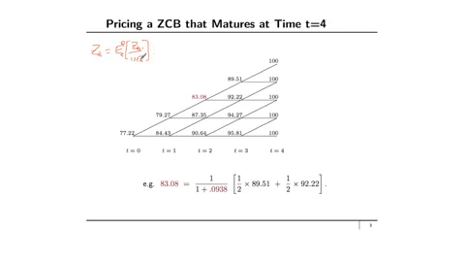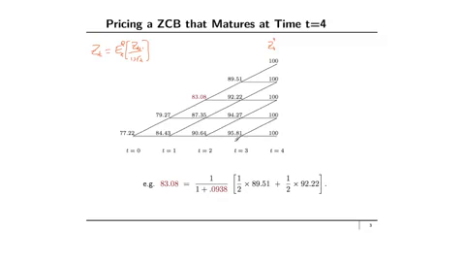And this was our risk neutral pricing. So we started off at time t equals 4, where we know the value of the zero coupon bond at this period, Z subscript 4 superscript 4. It's equal to the maturity of the bond, so you get a face value of $100 back at that period. And then you just work backwards in the lattice using this expression to compute the value in the previous period. So we start off here with 100, we come back here and we work backwards.